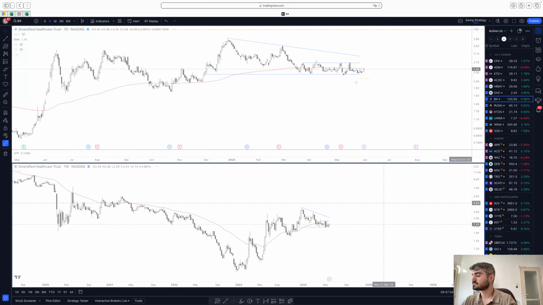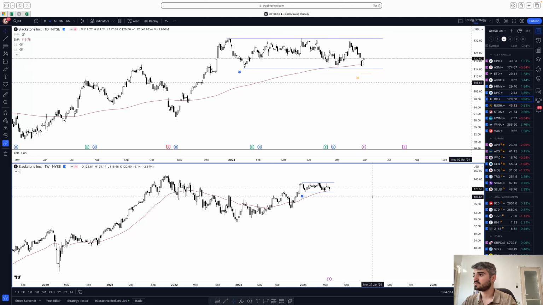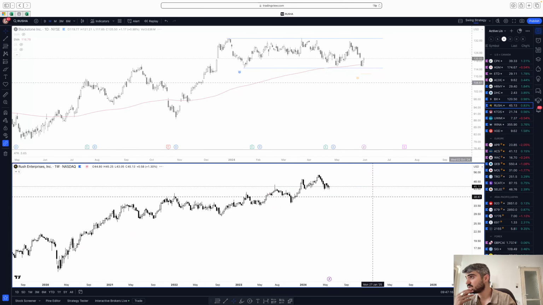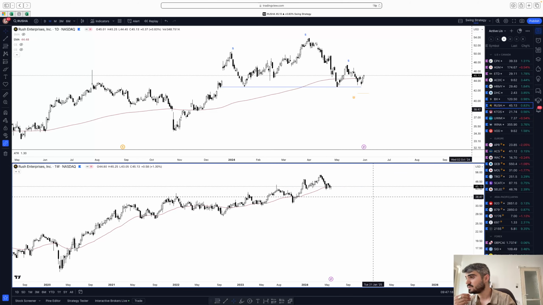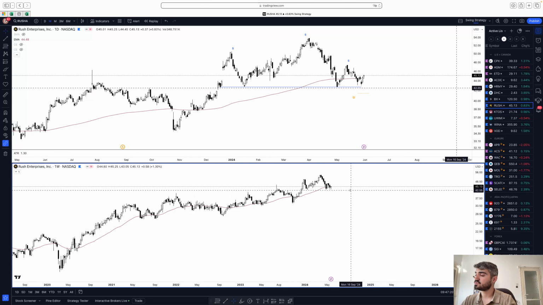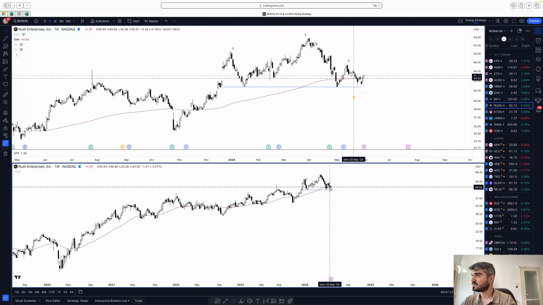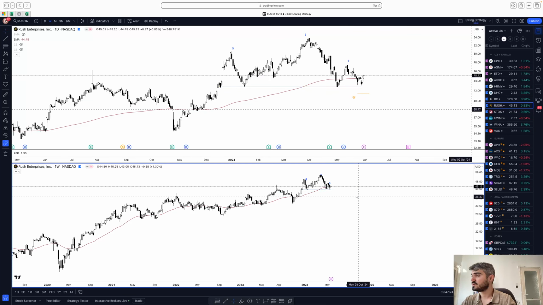BX, another rectangle at all-time highs, 1, 2, 3, 4, and you're seeing the fifth reaction to the downside, which is being pulled back a bit. Another, guys, head and shoulders, abbreviated right shoulder, looking pretty good.